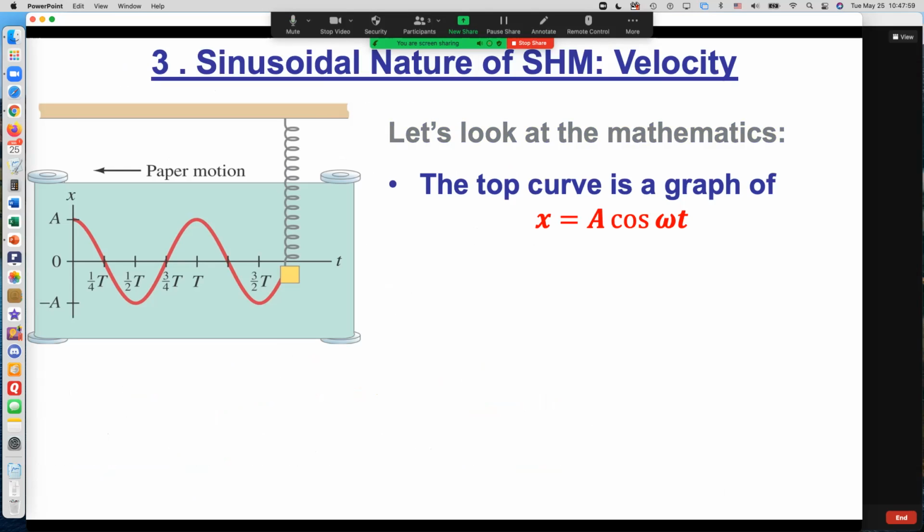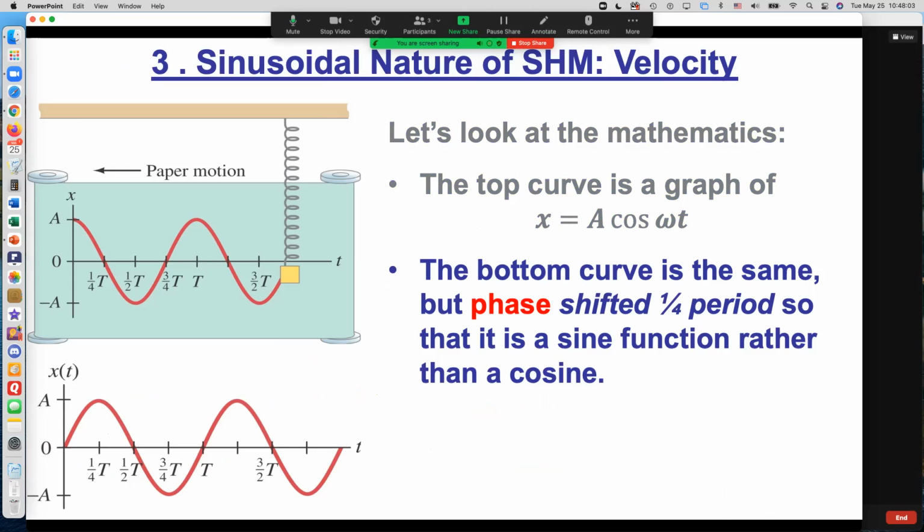Look at the math. The top curve is x equals A cosine omega t. The bottom curve is the same, but it's phase shifted by 1/4 of a period so that it is a sine function. If we move the cosine this way by 1/4 of a period, we end up with a sine function.